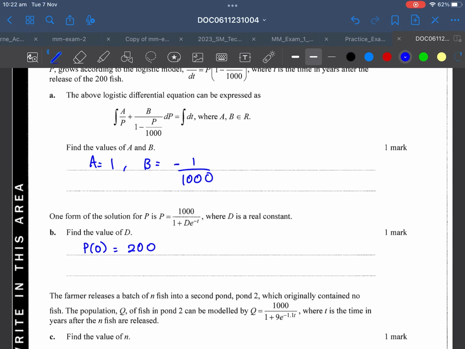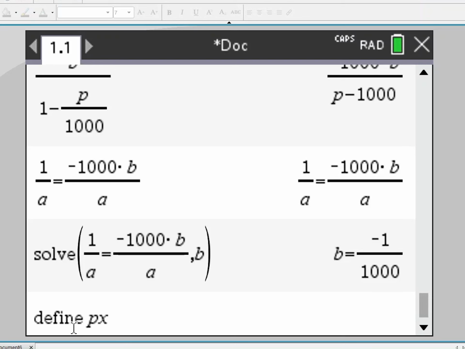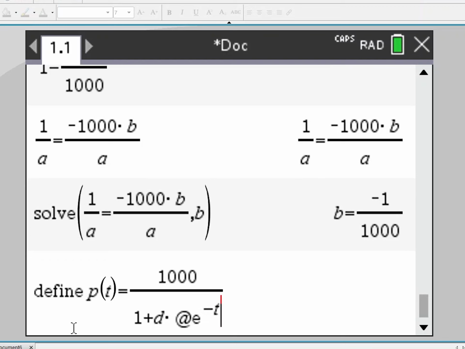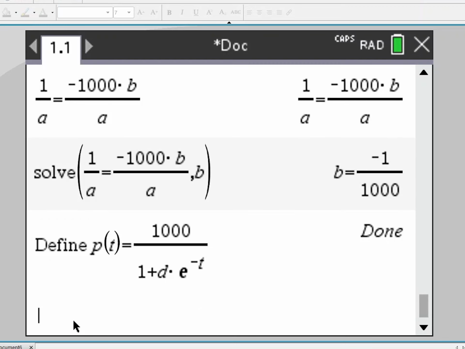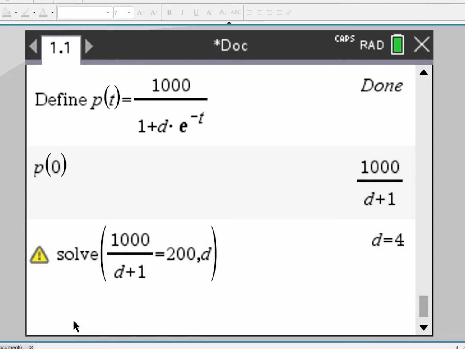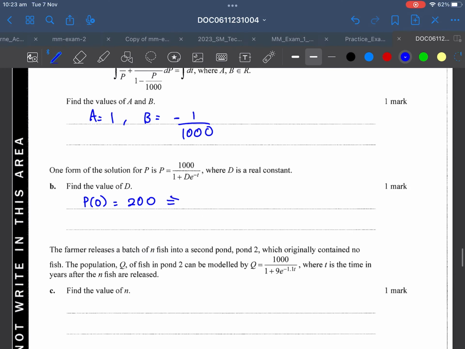So first define P of T equals 1000 divided by 1 plus D times E to the power of minus T. Then solve P of 0 equals 200, for D. Okay, so our D is going to be 4. So that implies that D equals 4.